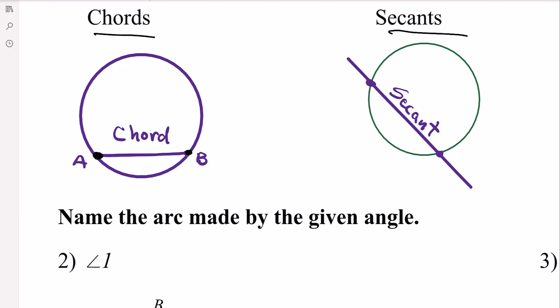So point A and point B both lie on the circle with the center point being P, and then there is a segment that extends between them. That segment is called a chord, but notice the endpoints have to lie on the circle.